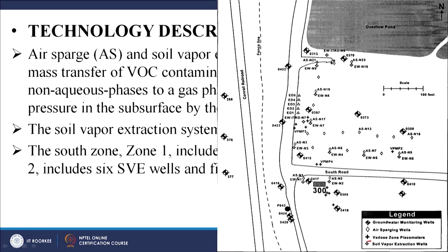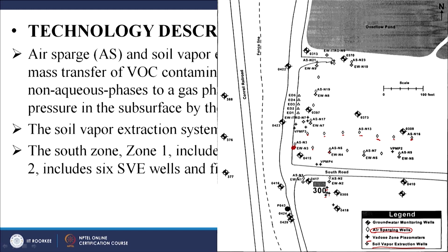And vadose zone piezometers, vadose zone being the unsaturated zone, and SVE extraction wells. These are the air sparging wells where they pumped air in, pardon me. So they are pumping air in through these wells into the groundwater, and they have the soil vapor extraction wells out here, which are not as closely spaced, as you can see.